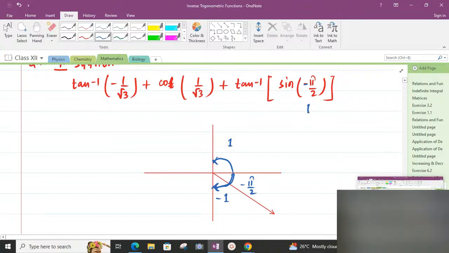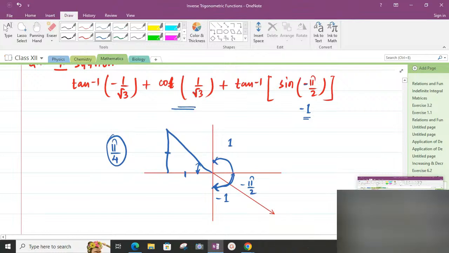So here will be tan inverse minus 1. It means we get P by B, where P is positive and B negative. So this one will be pi by 4, odd, so the value of this one will be pi by 4.